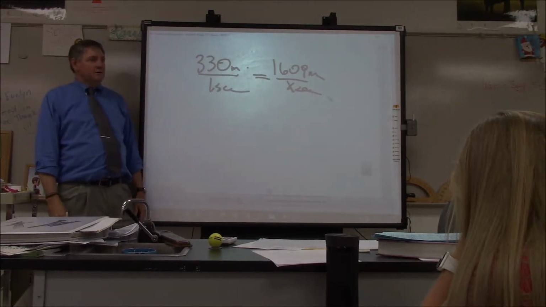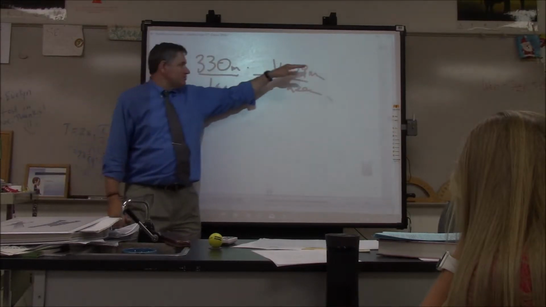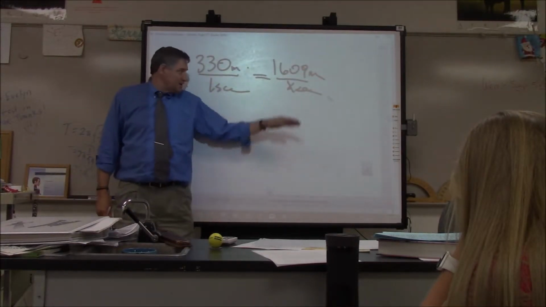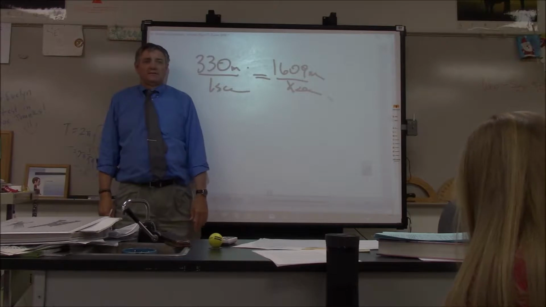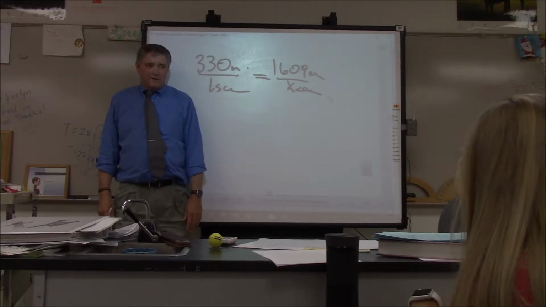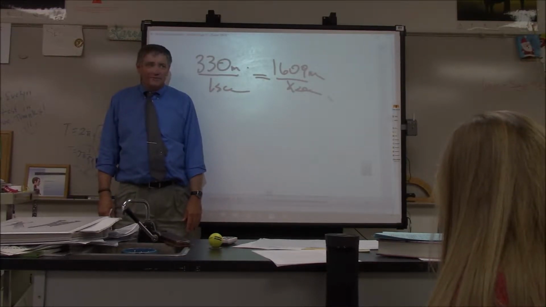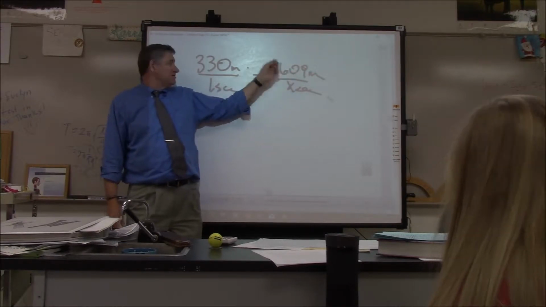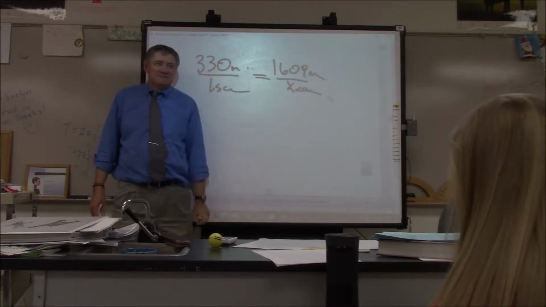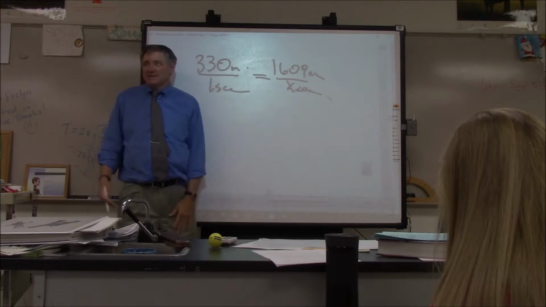Cool. So 330 over 1 is going to equal 1,609 over X. How are you going to get X by itself? Cross multiply and divide. Guess what? You're going to take 1,609 and divide it by 330 meters per second. It's the exact same math, right?